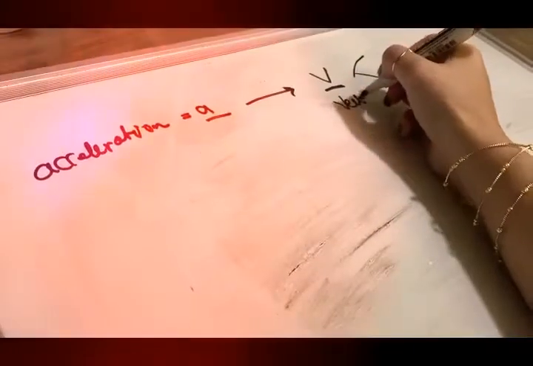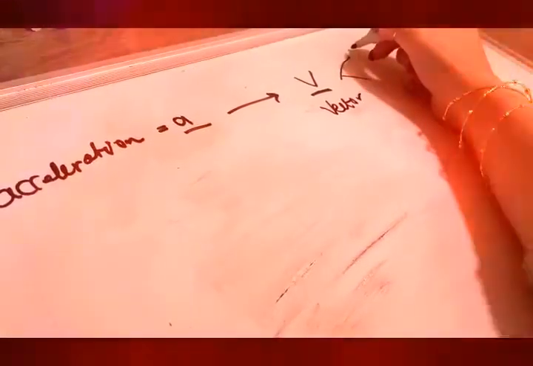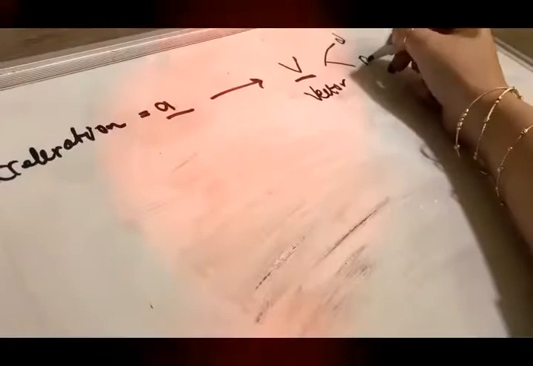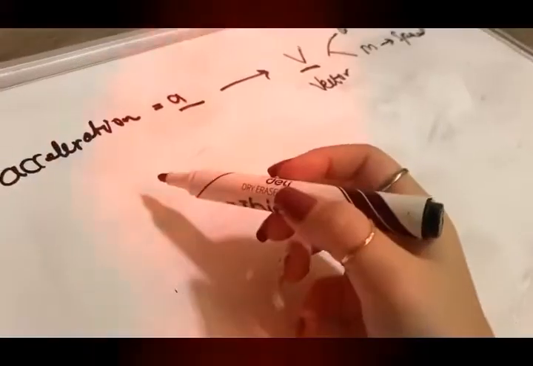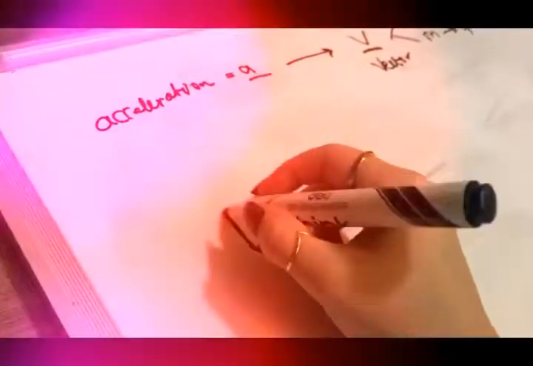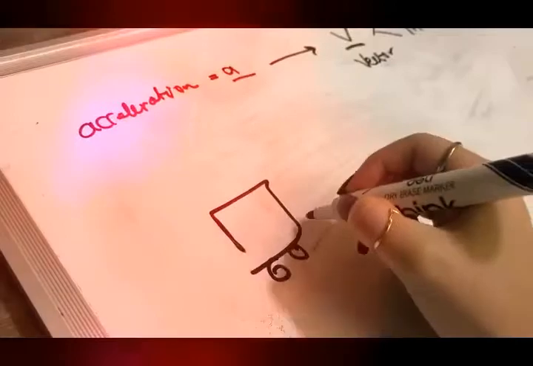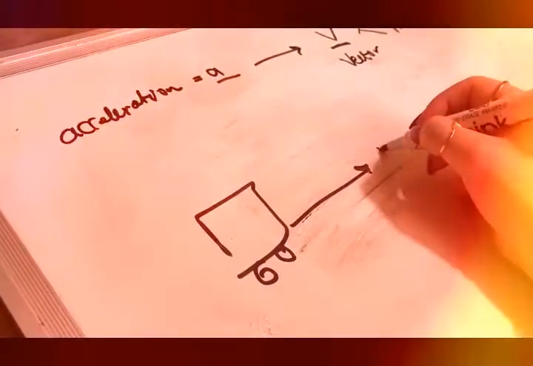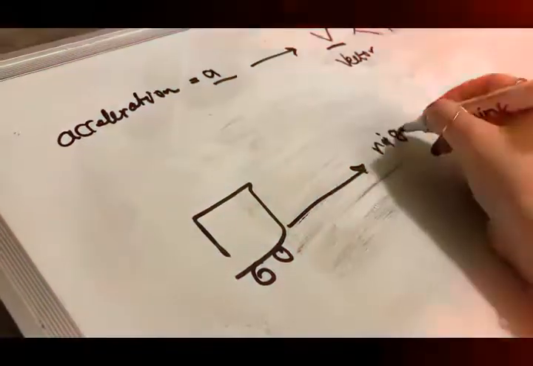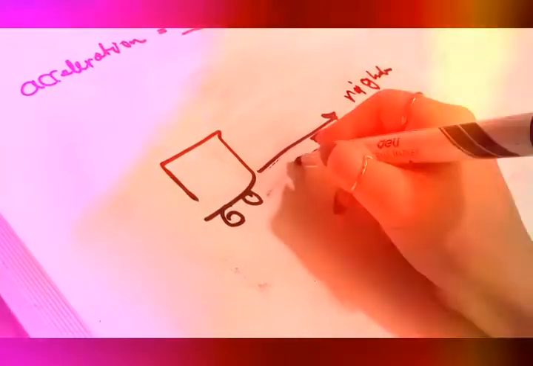Now velocity depends on two things. It's a vector, right? First is direction, then magnitude, which is speed in other words. Let's assume a car is moving towards the right, then suddenly at this point it decides to move backward.